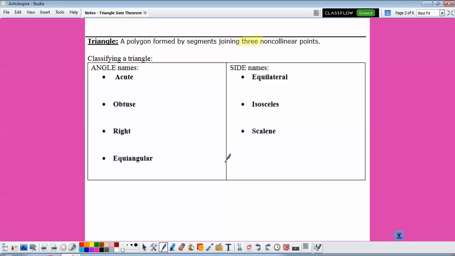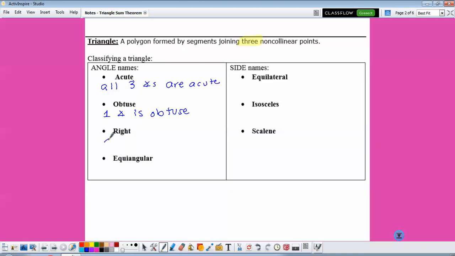Some ways to classify triangles. We can classify them by angles, and we can classify them by sides. If they are an acute triangle, all three angles are acute. If it's an obtuse triangle, one angle is obtuse.